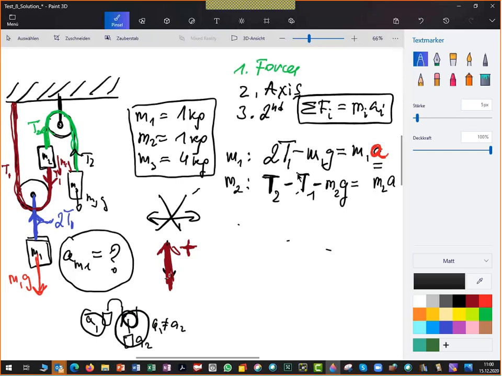And in a pulley, if we are talking about acceleration of mass M1 and acceleration of mass M2, they will be different. And in fact, the acceleration of the mass M2 will be double the acceleration of mass M1.